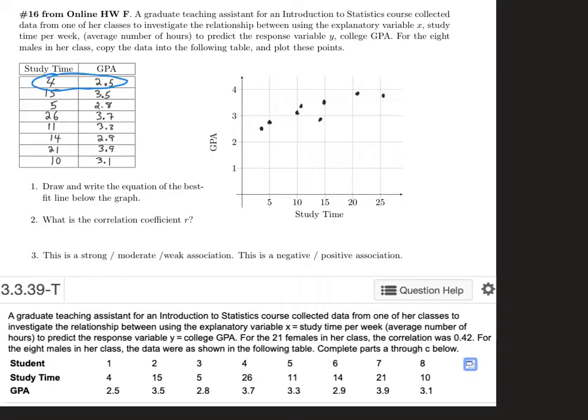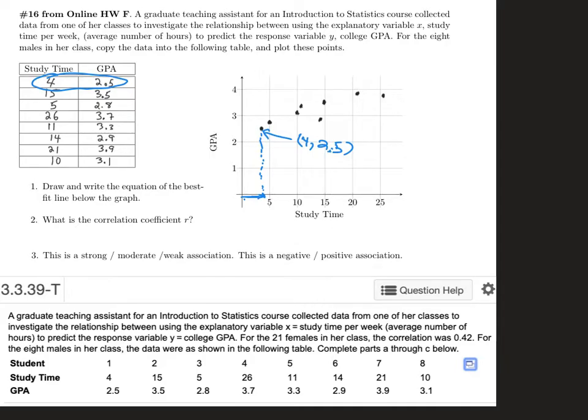When it says study time 4, that means we're walking along the study time line to 4, and then heading up to the GPA of 2.5. So this point has coordinates 4, 2.5, meaning go over 4 and up 2.5. Each point is drawn in that way.